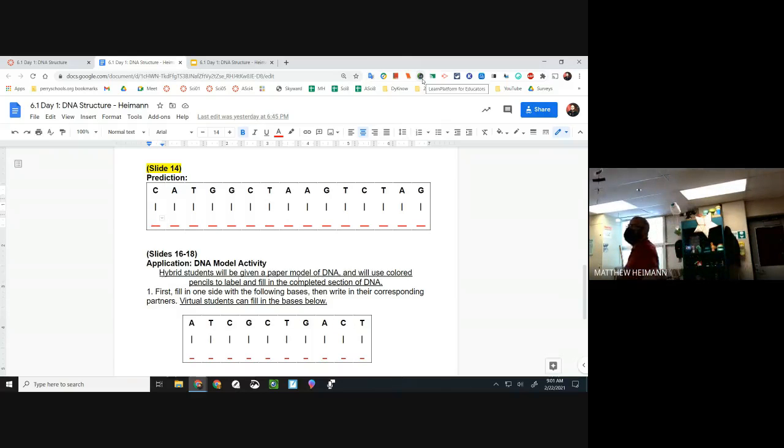All right, so again, G matches with C, and T matches with A. So if you have a C here, what letter should match with the C? G. What letter matches with the A? Anybody? Nobody?